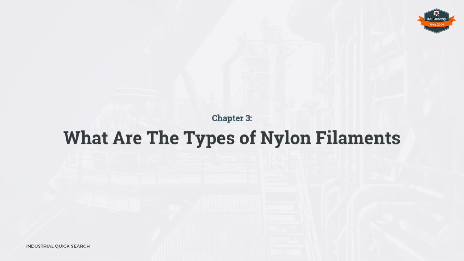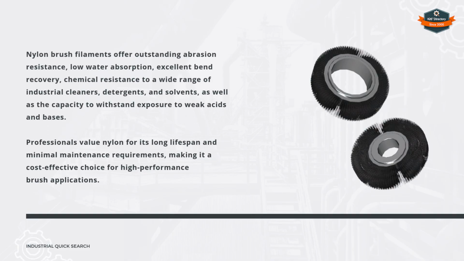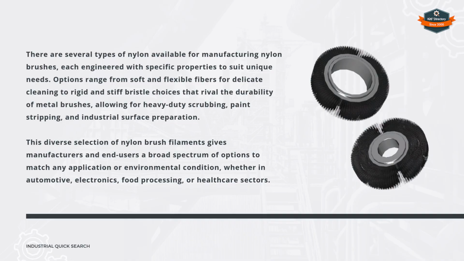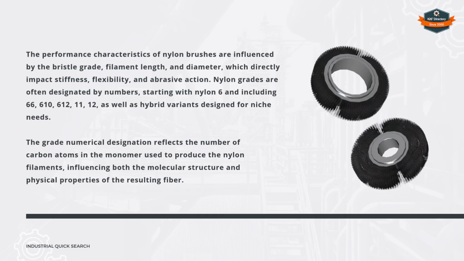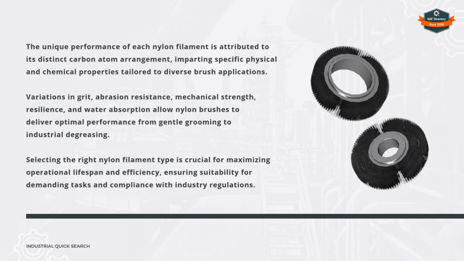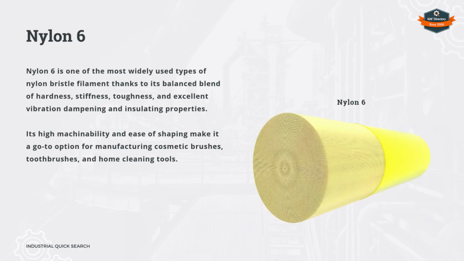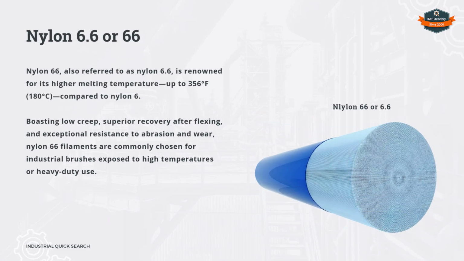Chapter 3. What are the types of nylon filaments? Nylon 6. Nylon 6.6 or 66.